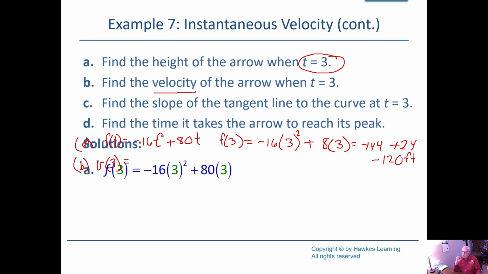Okay, there's the first one. Just put the t in. Oh. Well, that was pretty silly. I left out the 0. Did you catch that? 240. Now we can get the right number. 96. 96 feet high.